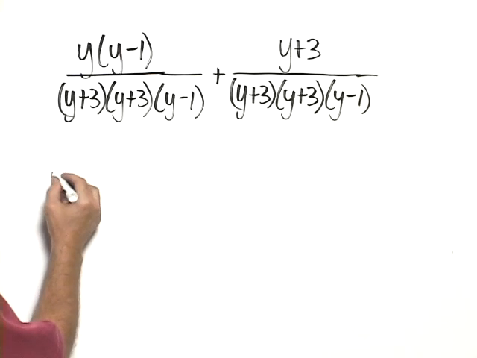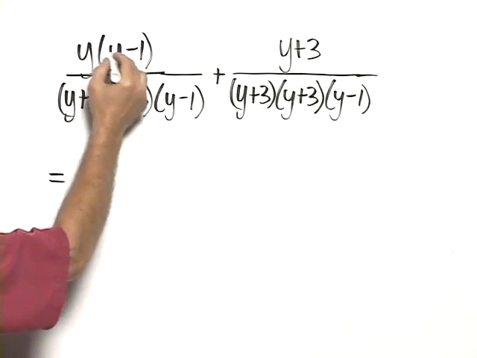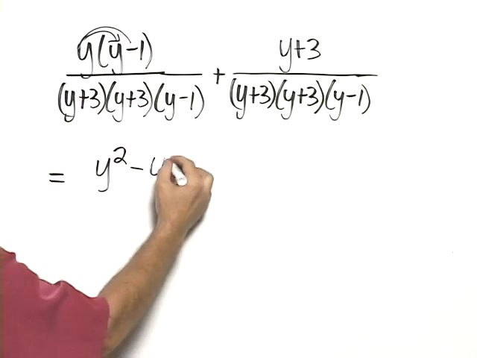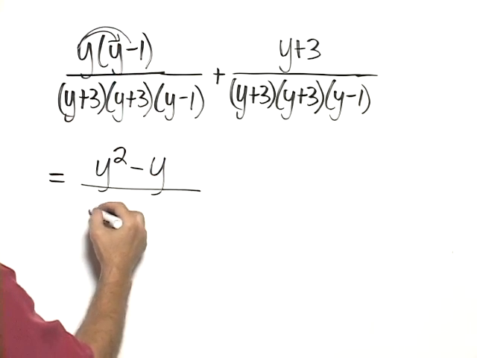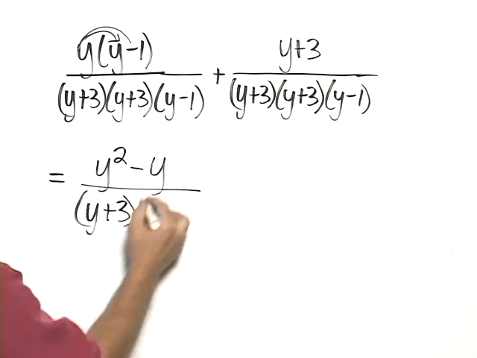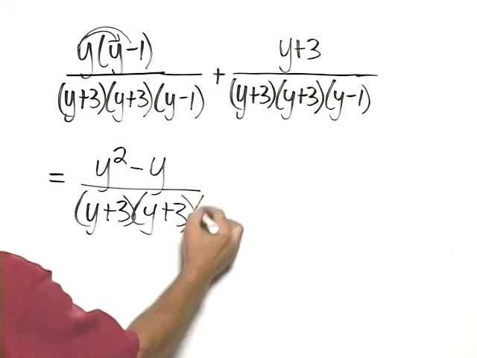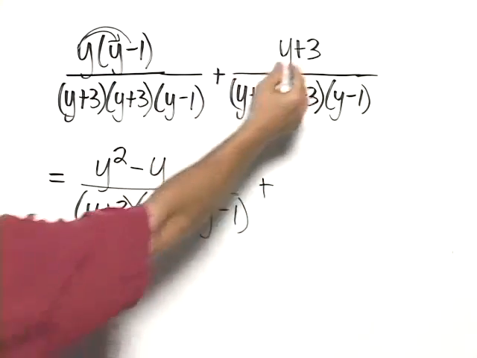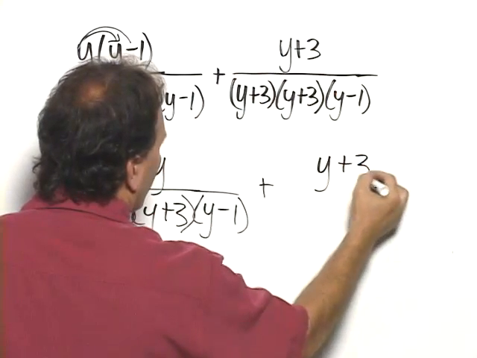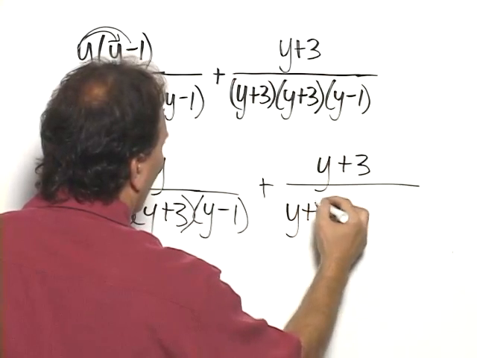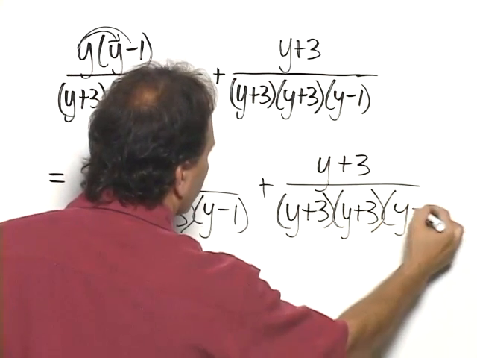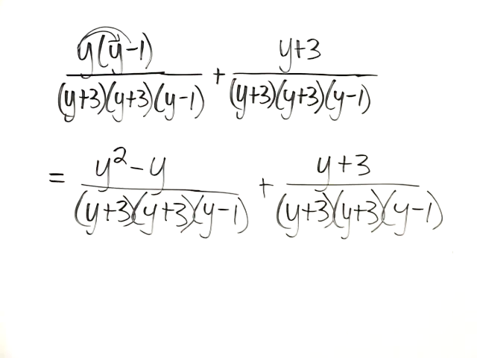So this would be equal to y squared minus y over y plus 3 times y plus 3 times y minus 1 plus, and this is already simplified, y plus 3 over y plus 3 times y plus 3 times y minus 1.